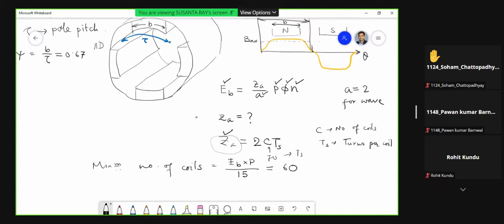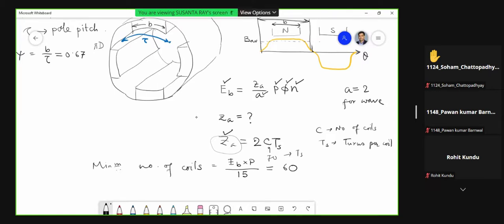So my turns per coil is coming as 4.375 for number of armature conductors 1050. So will I reduce the number of armature conductors? You have to reduce to make it 4. Okay, sir.